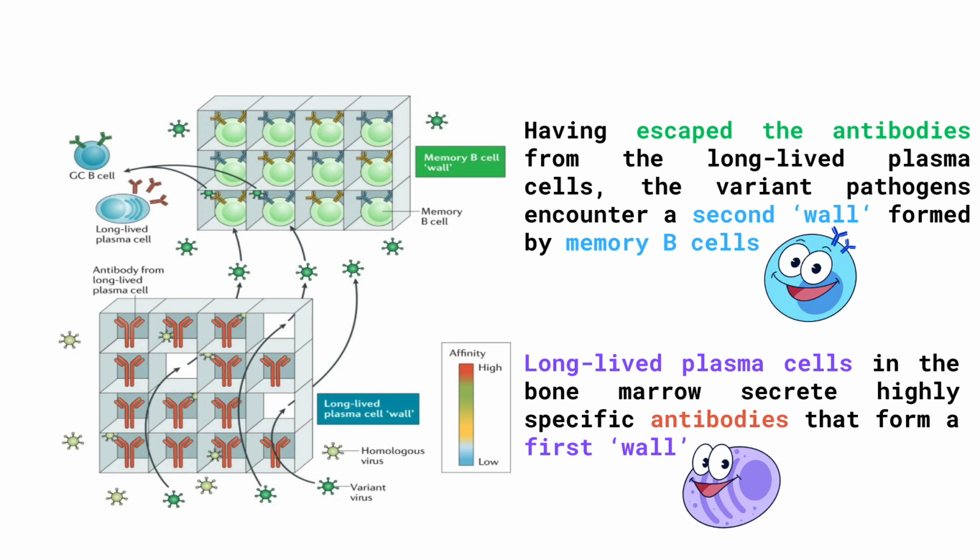Understanding these mechanisms of differentiation and selection is critical to vaccine development because it provides insight into how to elicit a balanced immune response that produces both potent high-affinity antibodies by long-lived plasma cells and a broad, adaptive pool of memory B cells in response to changing pathogens.